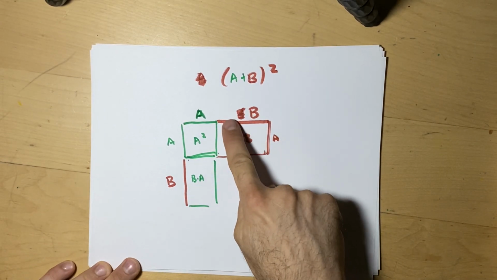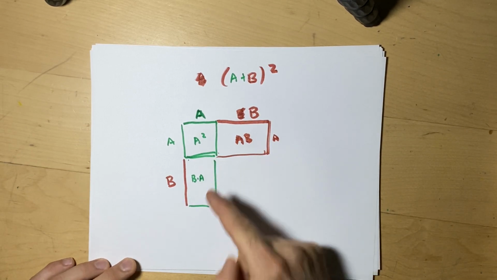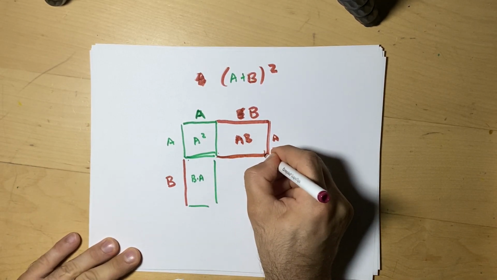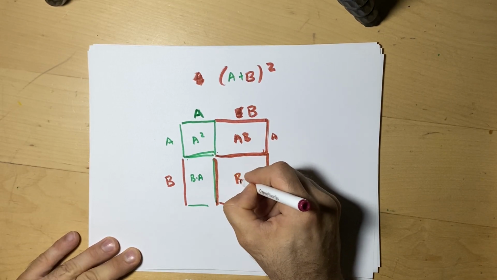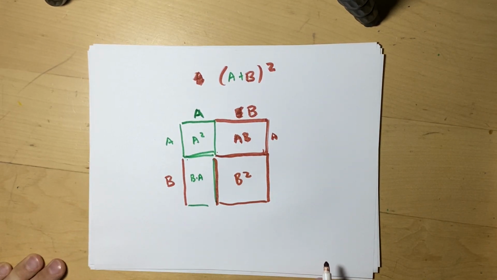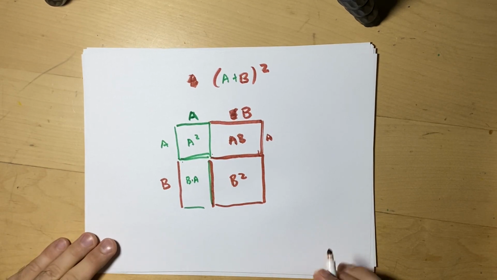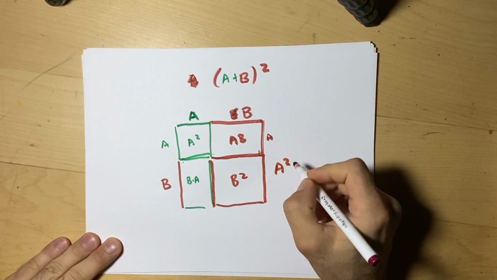And then b times b would give you here a square. This side's b, this side's b. So b squared. So what we end up with are an a squared.